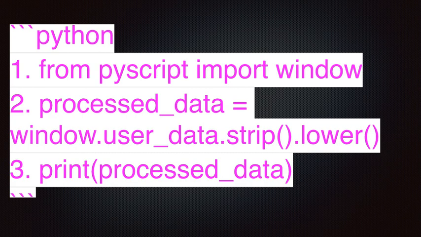So process data, this is processed underscore data. This is the variable that we assigned the processed string in the previous line. So it will print the value of this variable to the browser's console. This allows us to see the result, removing white space and converting it to lowercase. We can do whatever we want with that after, when it's right there in the variable.